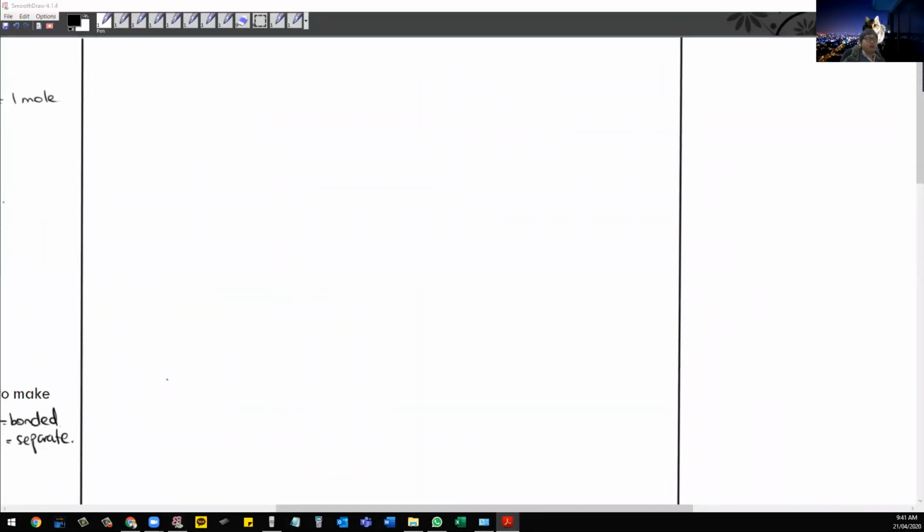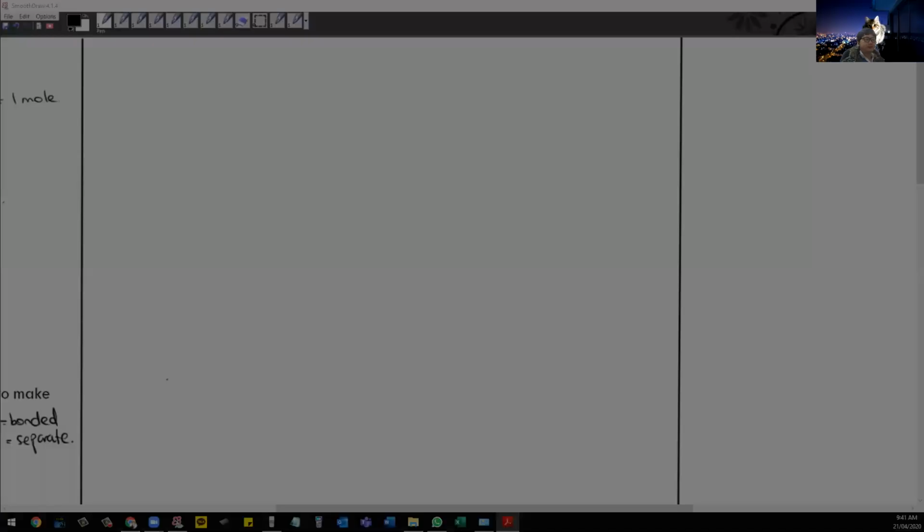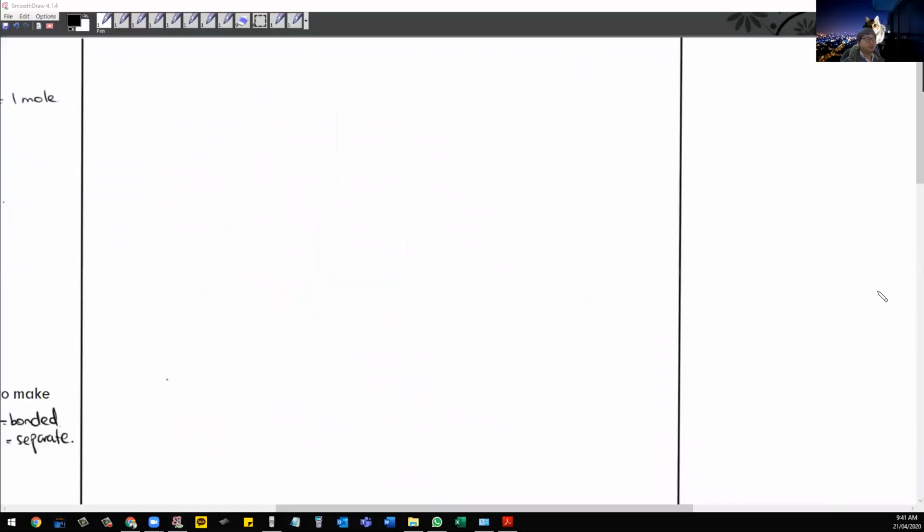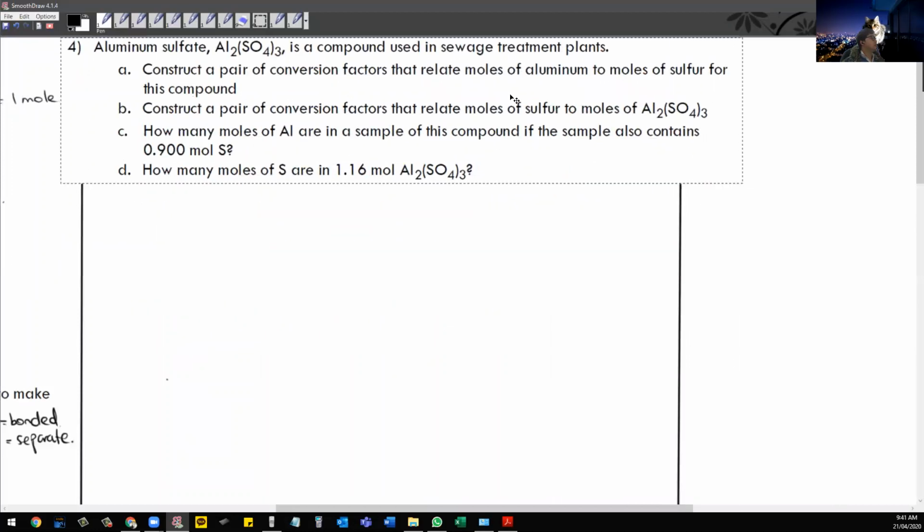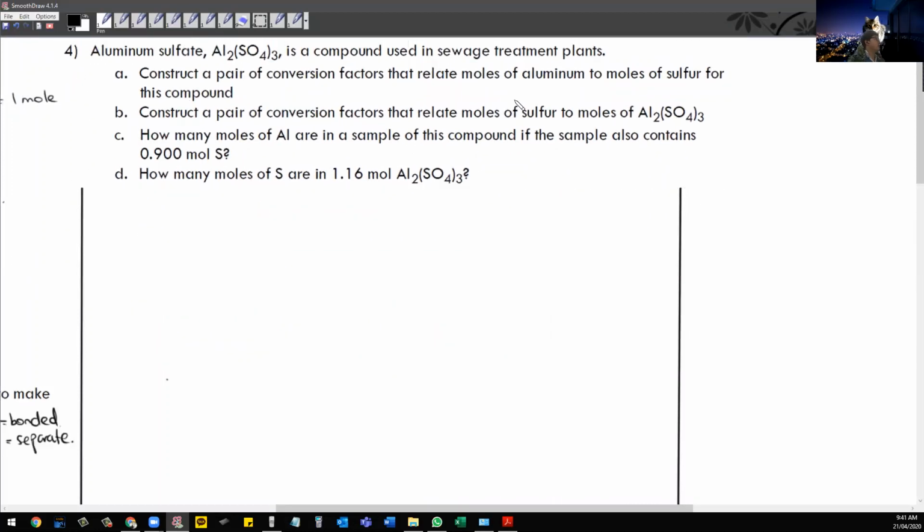Okay, so moving on to the next question. Here, it's a question on aluminium sulfate. Aluminium sulfate is a compound used in sewage treatment plants.